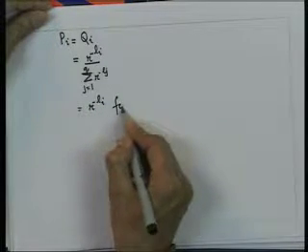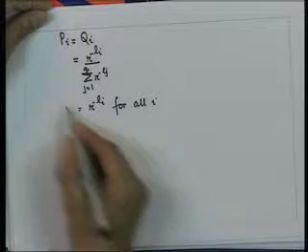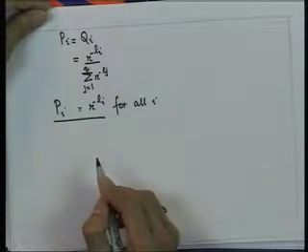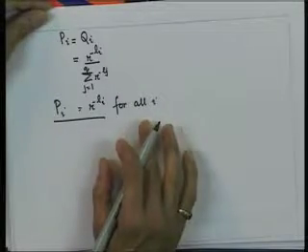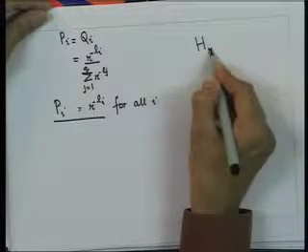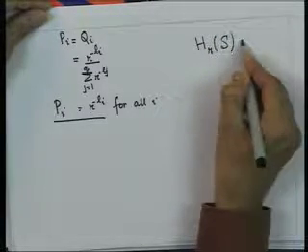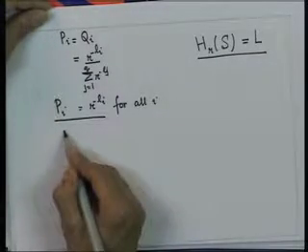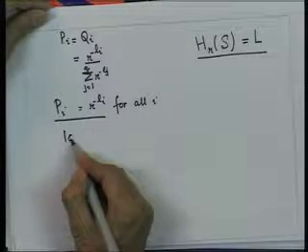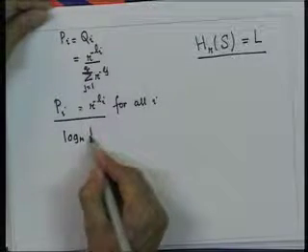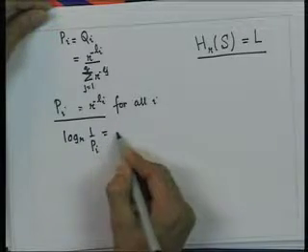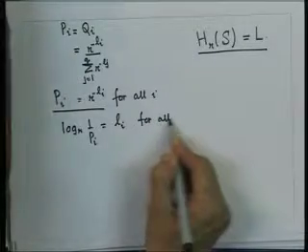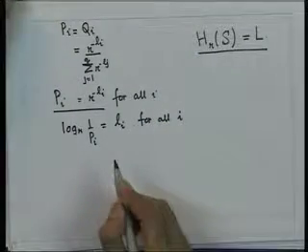So, if I have P_i satisfying this relationship for all i, then I will get the equality, that is H_r(S) is equal to L. So, this also means that log to the base r of 1 by P_i is equal to L_i for all i.